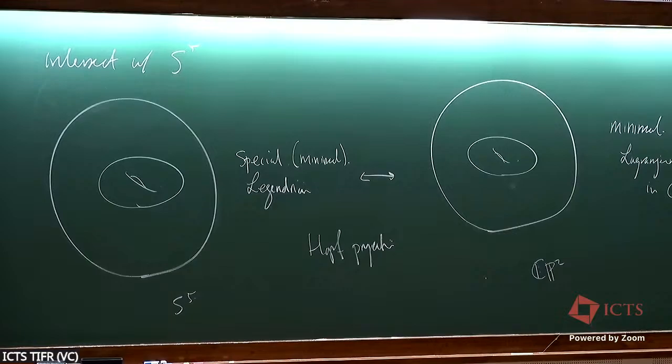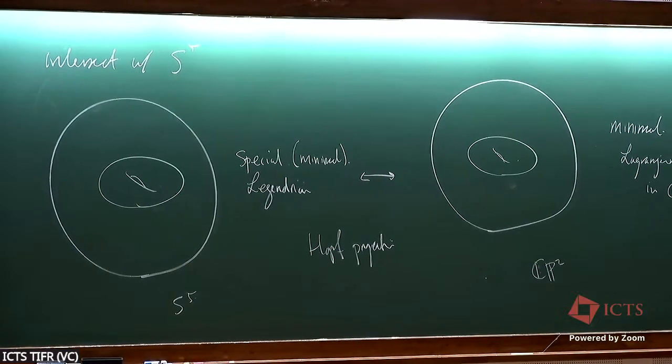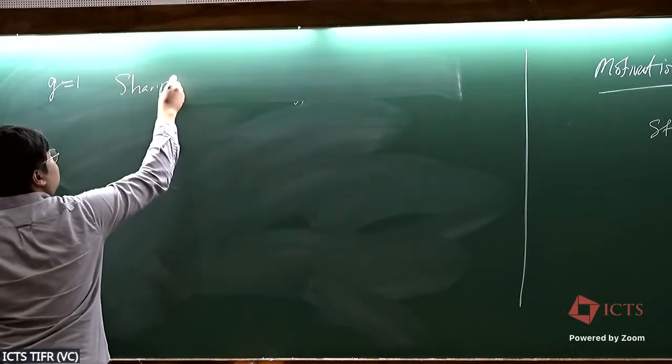But for a while, these were the only known examples, and people have studied the case of genus 1 extensively, and many examples were constructed. Let me write down a few of the names. Genus 1 has been well studied. Sharipov has some examples.